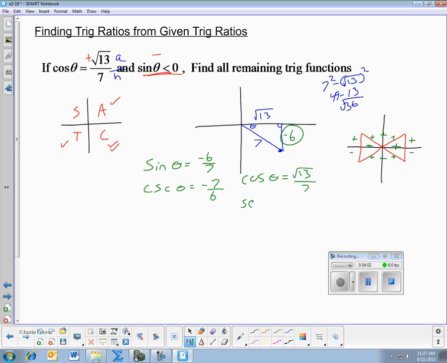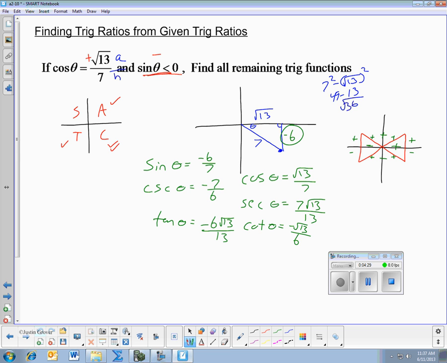Its reciprocal, secant, is 7 over root 13, but I'm going to write it as 7 root 13 over 13, so it's rationalized. And tangent would be opposite over adjacent. Negative 6 over root 13 is going to be negative 6 root 13 over 13, so it's rationalized. And cotangent theta is negative root 13 over 6.